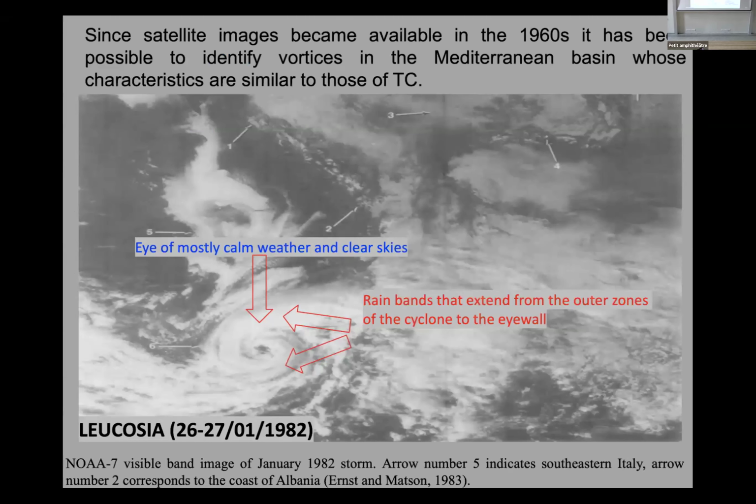First of all, I would like to show one of the first images of one of these tropical-like cyclones in the Mediterranean. Here we are in the Ionian Sea. And clearly, this is one of the first images that shows that a cyclone with the characteristics typical of a tropical cyclone can be observed in the Mediterranean.